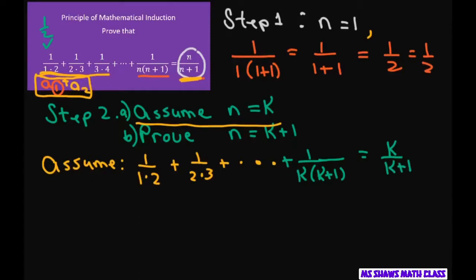All right, so that's our assumption. And then our proof part is to prove that it works for n equals k plus 1. That means everywhere there's a k, you're going to put k plus 1, and you need another term. So you write this out again.